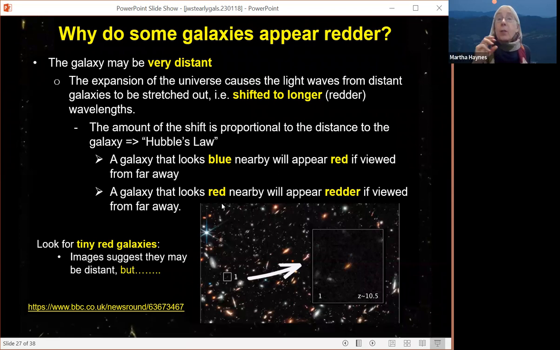A galaxy that looks red nearby will just appear even redder. So keep that in mind. Both the blue galaxies and the red galaxies look redder as viewed from far away.